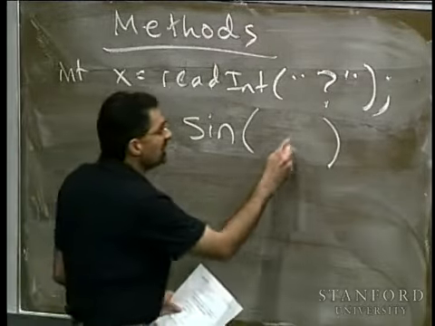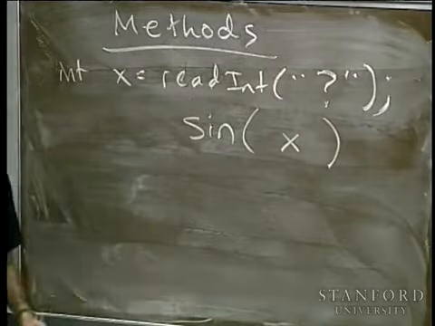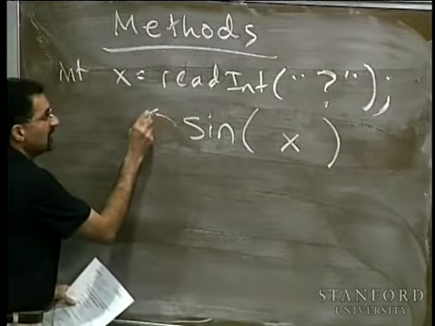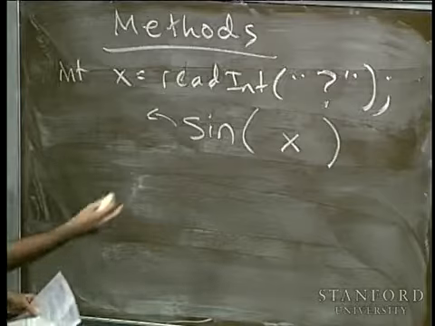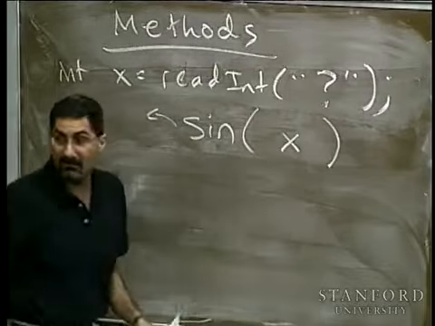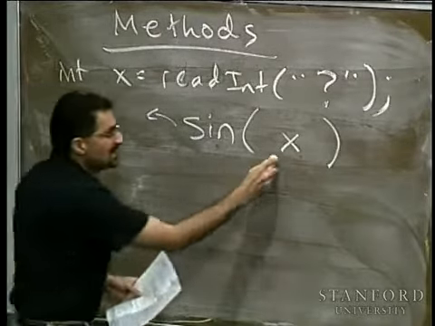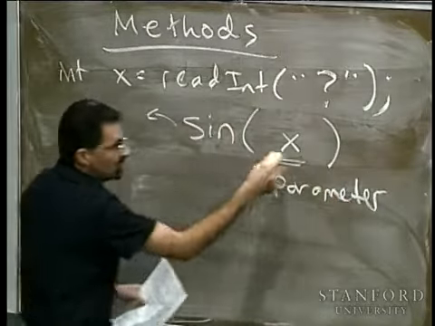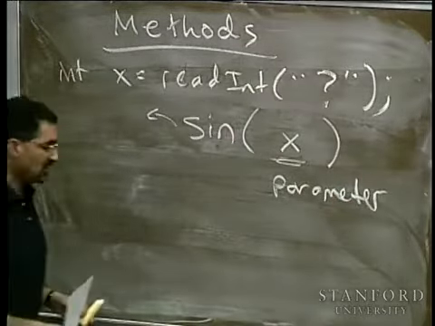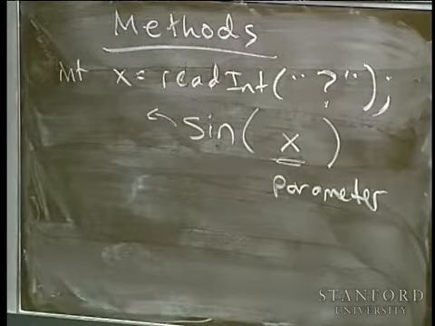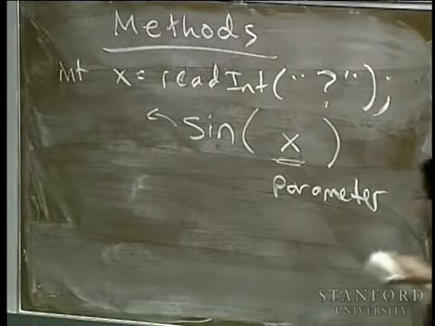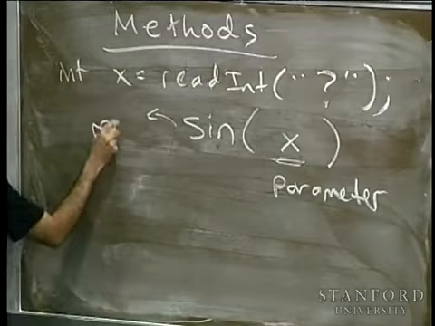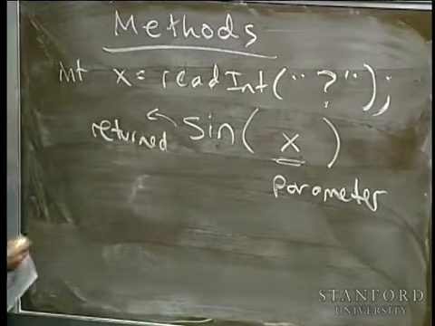So there was something here like x that you took the sine of, and what you got back from the sine function was some value that was essentially the sine of x. So you not only had something that we call a parameter, that was what that function was expecting in terms of information going in, you also got some information coming out, which is what the value of that function returned to you or gave back to you.